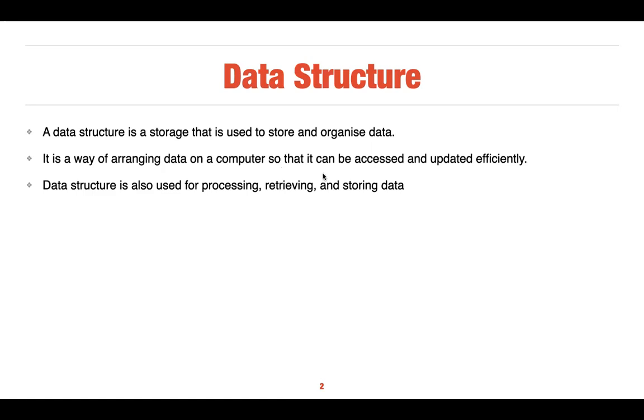So we need data structures which can be used for processing, retrieving, and storing the data. These are the methods to do the data handling in a proper manner, and these are the basic building blocks of a program, because without them we cannot write any program.